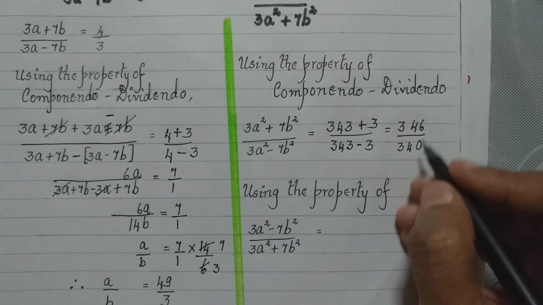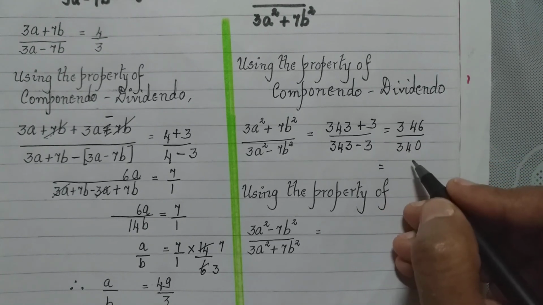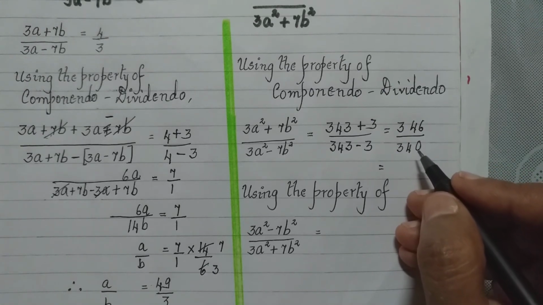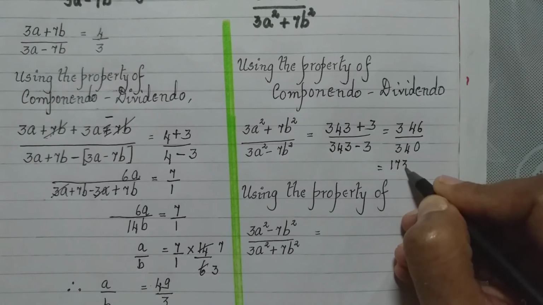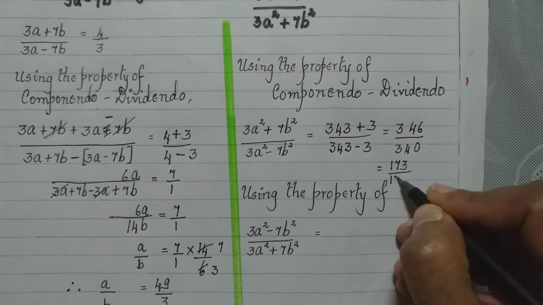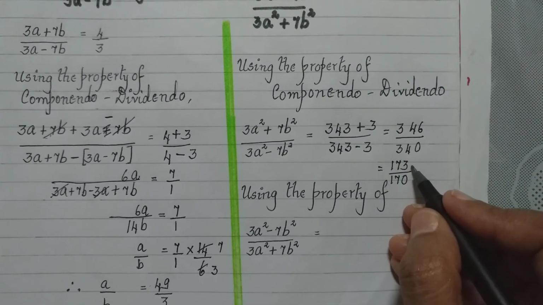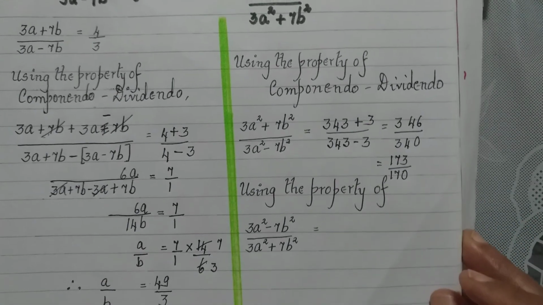So now we know that 2 goes in both the numerator and denominator. So simplifying this further, this becomes 173 upon 170. 2 goes in 346, 173 times. 2 goes in 340, 170 times.